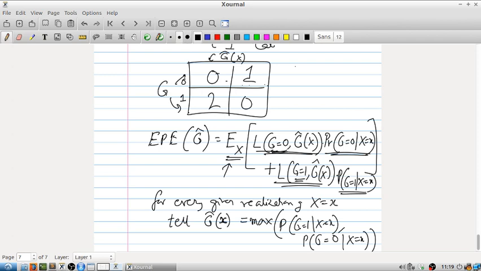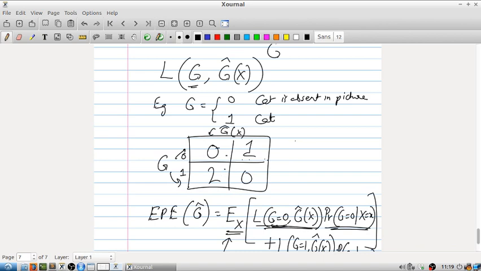G is just a two-dimensional random variable. So those are the two numbers, the probability of g is equal to 1 or the probability of g is equal to 0. Which one is higher? Let's say the probability of g is cat is 0.6, and the probability of g is not cat is 0.4. Then you should predict the best predictor, which minimizes that particular loss that I wrote here.